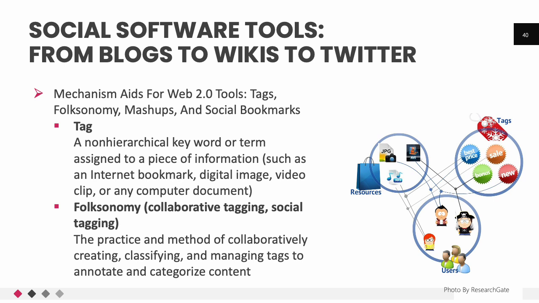And folksonomy is collaboratively creating, classifying, and managing tags. This means that as more people tag similar content with similar terms, it becomes easier for everyone to find that content, even if they use slightly different search terms. It's a bottom-up approach to organization. Okay.